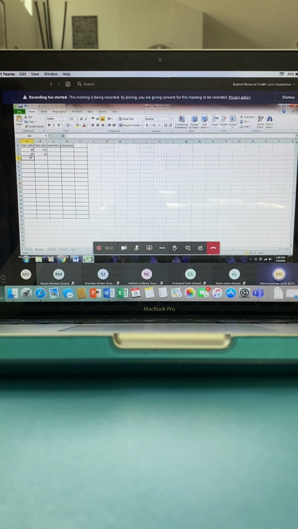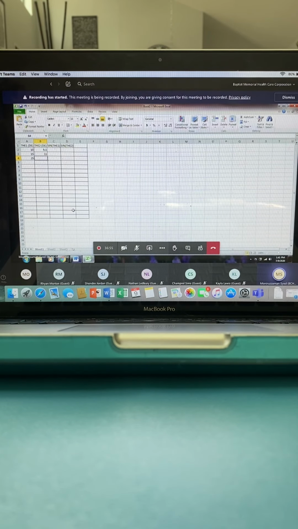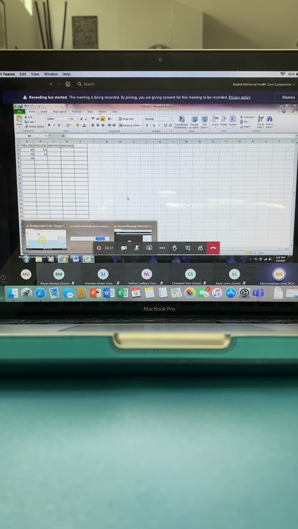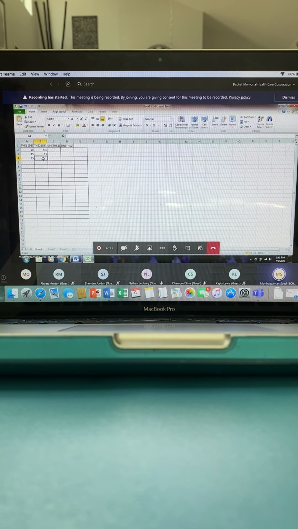And the angle of refraction, we need to measure it. How much is the angle of refraction? Let's try to do it: 5, 10, 15, and it's not 20, it's slightly less than 20. Let's say 19.